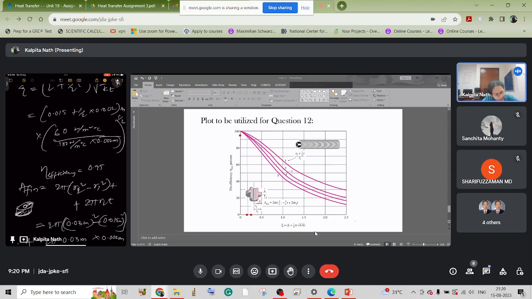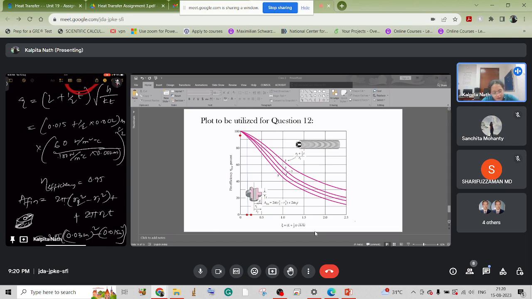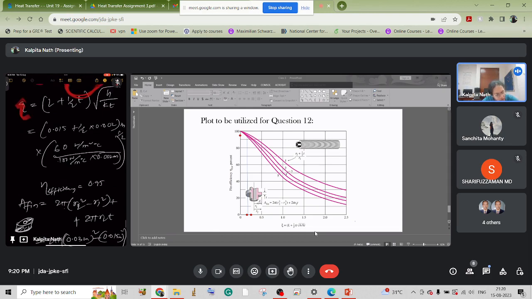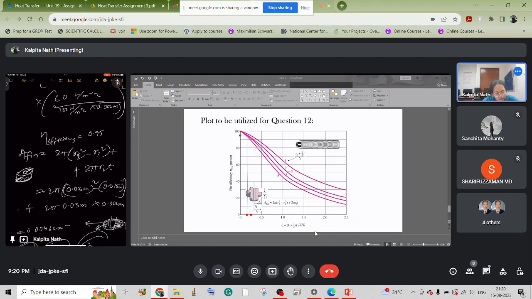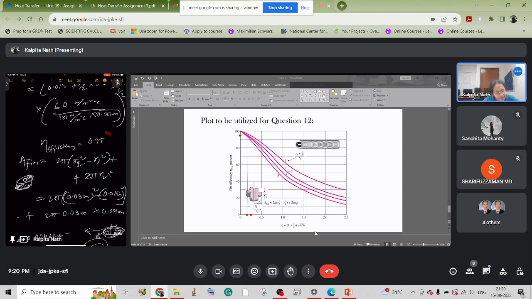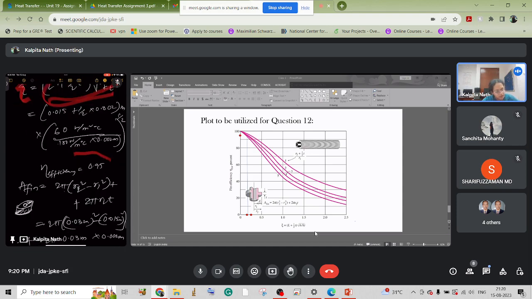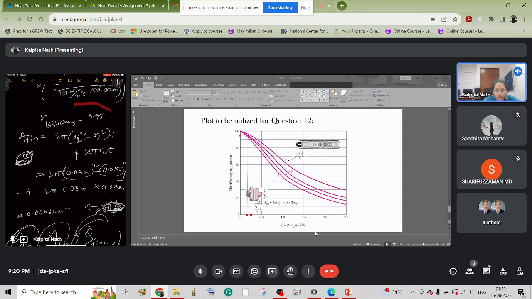Then we also need to find eta on the x-axis, and the formula is given in the plot itself. I've already shown you earlier how the efficiency is found. So the efficiency we got is 0.95, right?